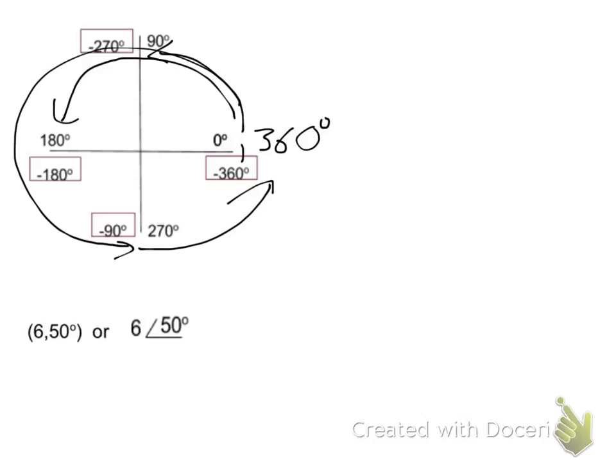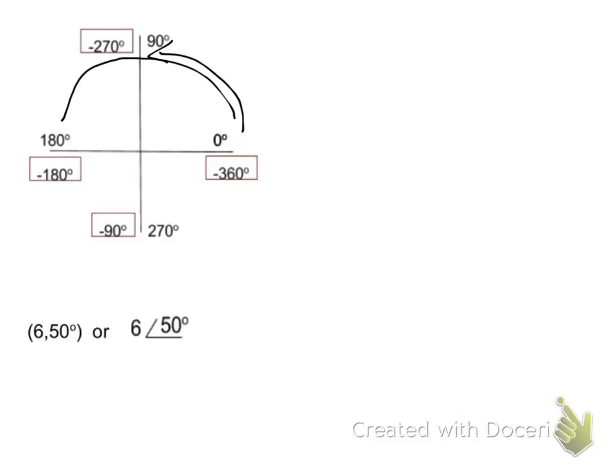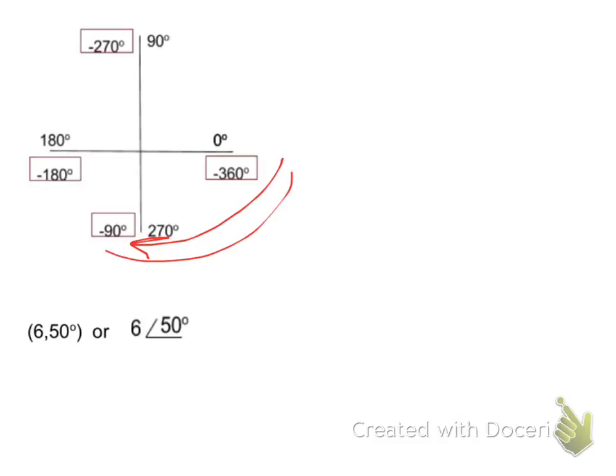Now, I'm going to erase those to get those out of the way. Because I can do the same thing going backwards. If I say I went negative 90 degrees, I'll use red because we're using the red for those boxes, I'd be going down 90 degrees. Or I can go back anything, really, it doesn't have to be 90s.